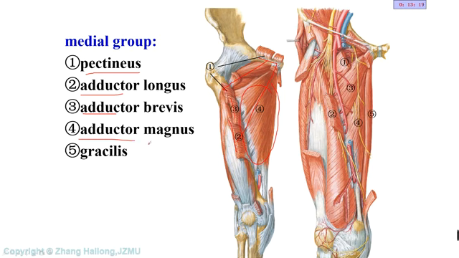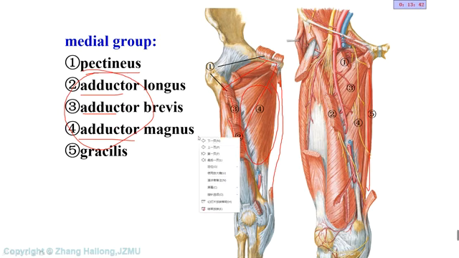Okay. And there's another muscle, this one, gracilis. From the pubis it goes downward to the medial side of the tibia. It can also make your hip move medially, adduction. So they have the same function. Adduct your hip joint.